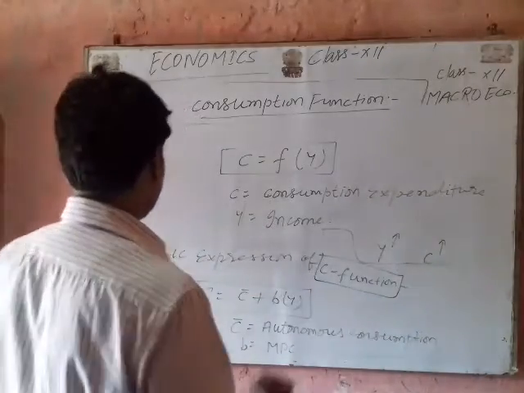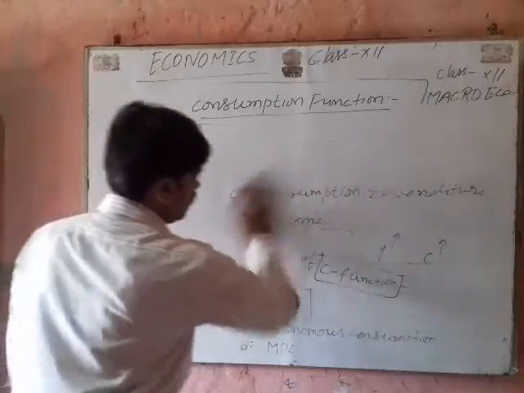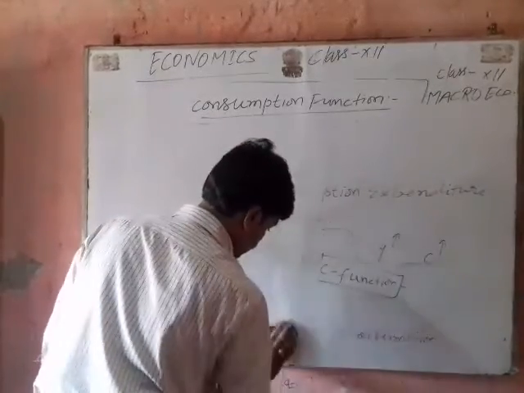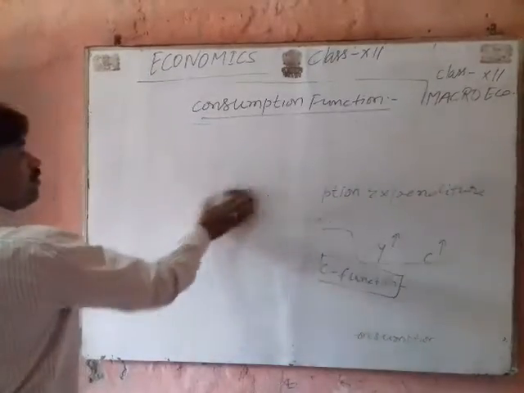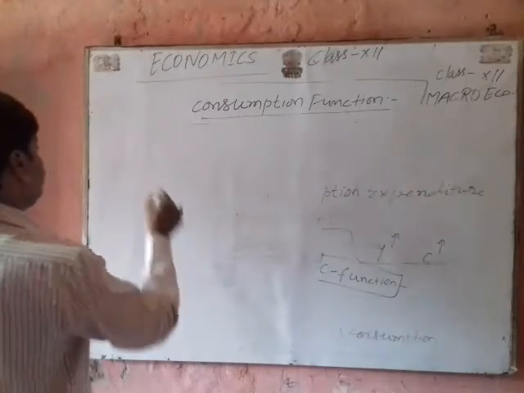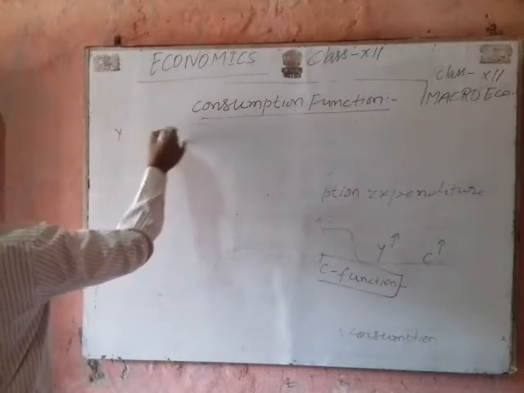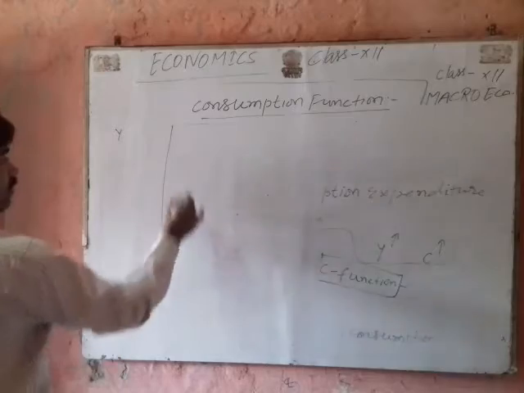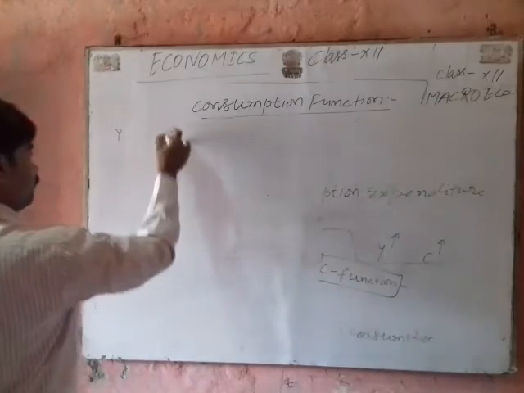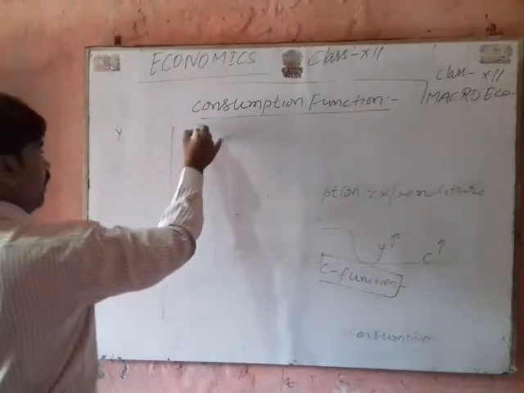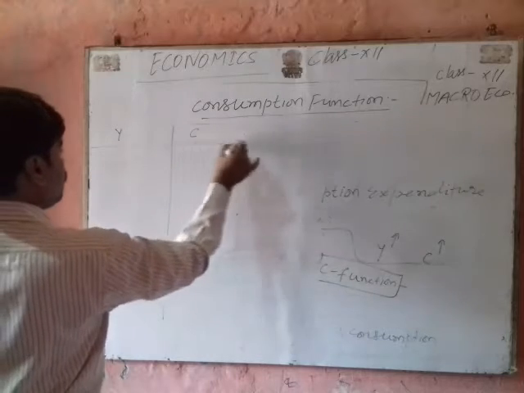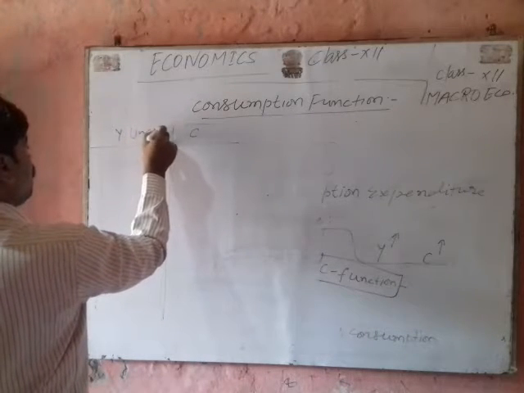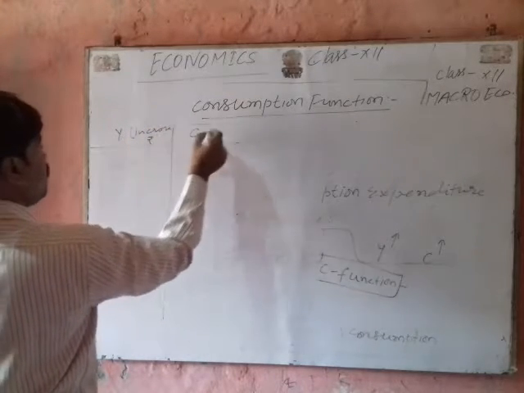We can show the consumption function with the help of the following schedule. We have to put a schedule here. Consumption schedule. Here we put income, and C consumption, in crore rupees.